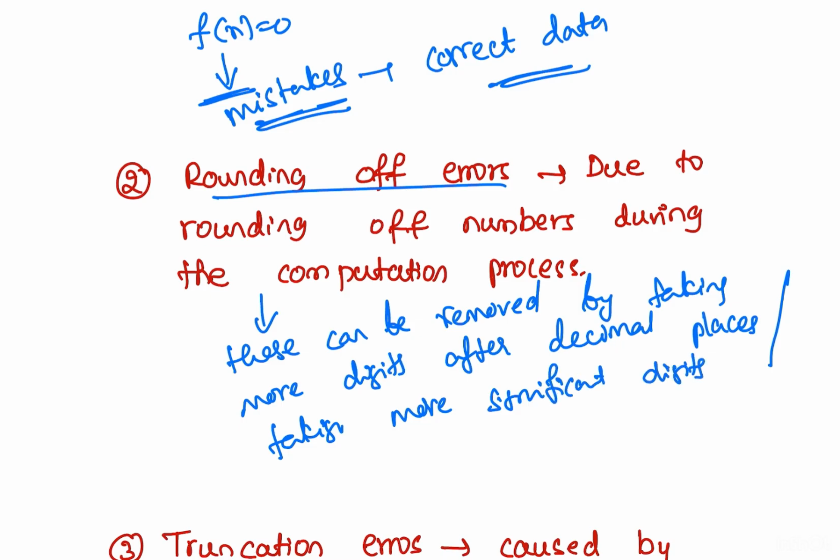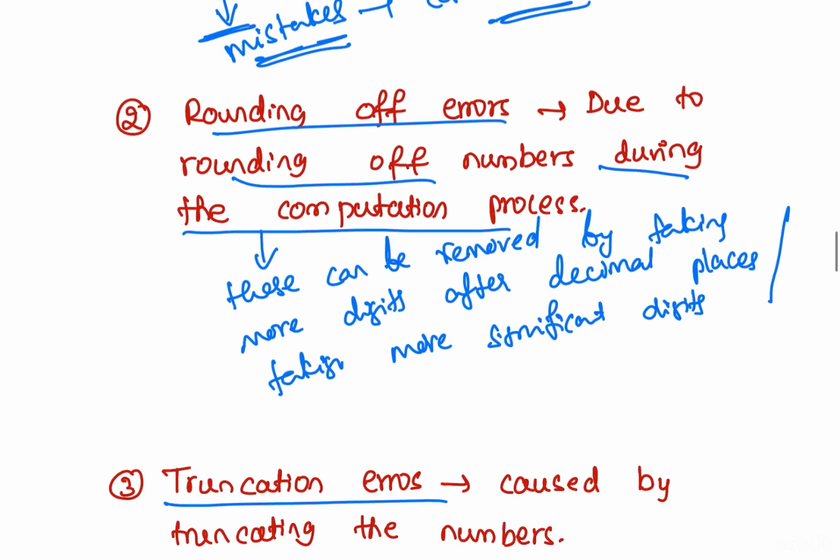So what are rounding off errors? The errors due to rounding off numbers during the computation process. When we are finding the solution, we can round off the given number to some other number having fewer significant digits, which involves errors. Those are called rounding off errors, which can be removed by taking more digits after the decimal places or taking more significant digits.